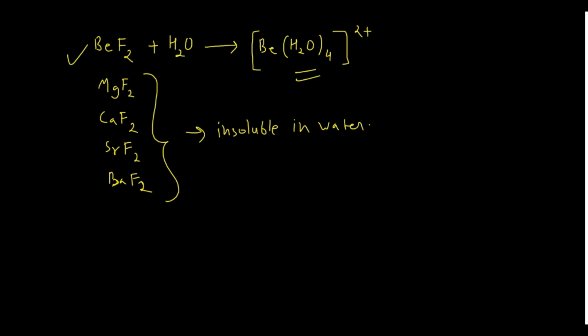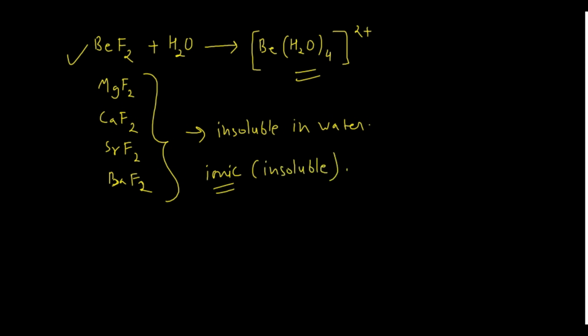Now you can see here fluorides of the other metals, they all are ionic in nature. Please remember, they have very high melting points, but they are water insoluble. So it is a little bit on the contradictory side.